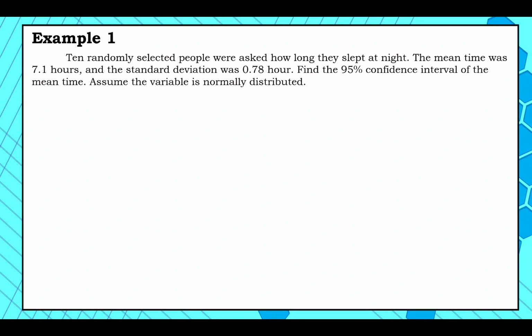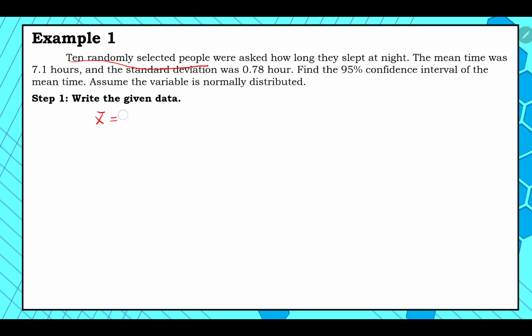Assume that the variable is normally distributed. For the given data, since we are talking about 10 randomly selected people, that is just our sample. So we are dealing with the sample. The next sentence gave us its mean and its standard deviation. So this mean and standard deviation are just the sample mean and sample standard deviation.